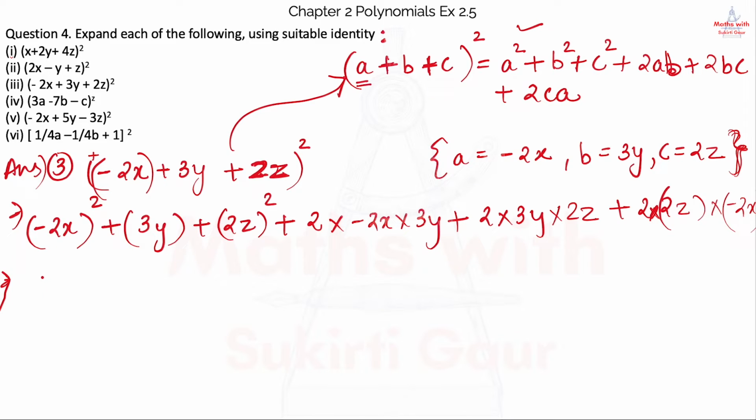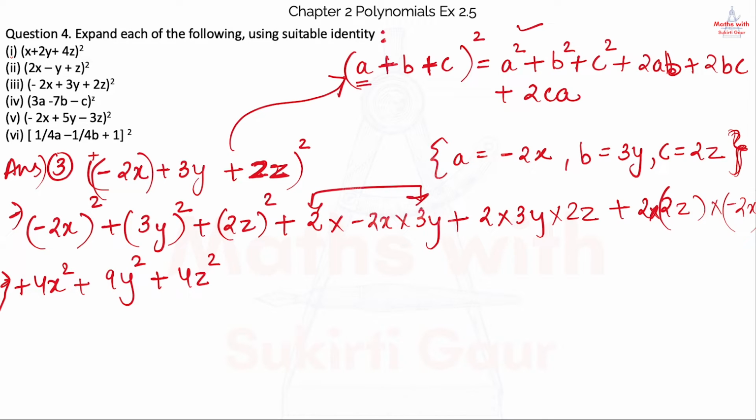Minus 2x whole square is plus 4x square. Here we have square. 3y square is 9y square plus 2z square will be 4z square.